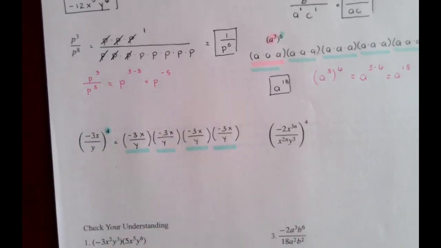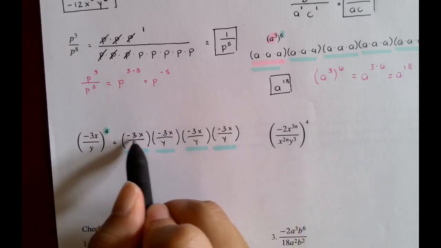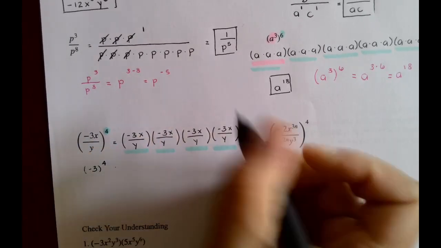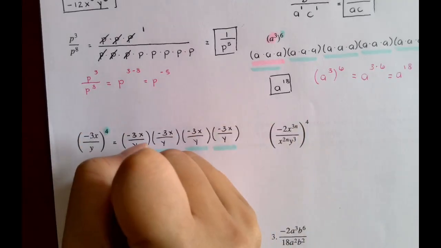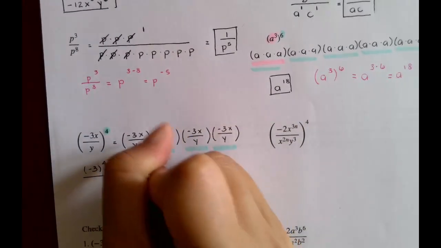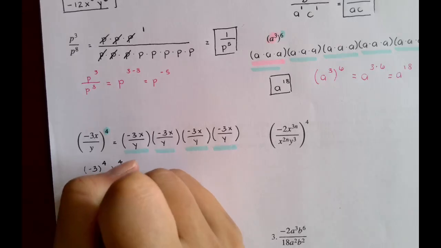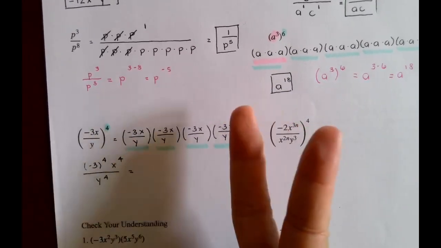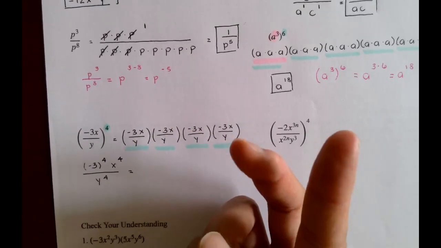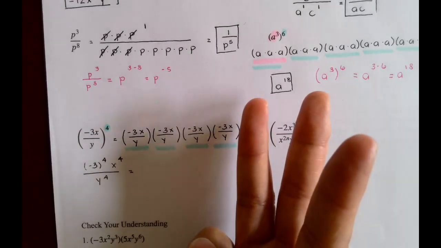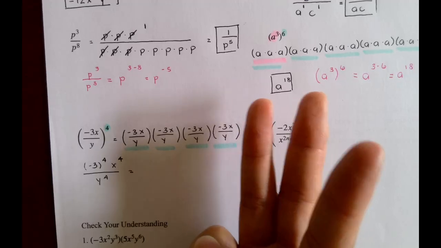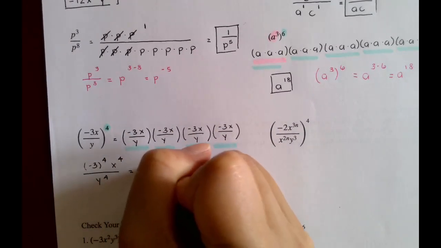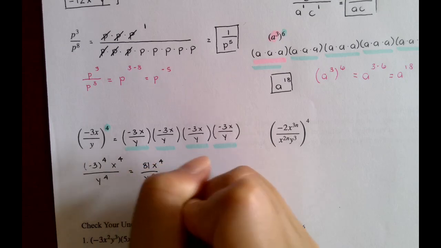And so now, this then means negative 3 is multiplied by itself 4 times, and negative 3 to the fourth. X is multiplied by itself 4 times. And on the bottom, y is multiplied by itself 4 times. Okay. Negative 3 to the fourth, negative 3 times negative 3 is 9. Times negative 3 is negative 27. Times negative 3 is positive 81. And then x to the fourth, y to the fourth.